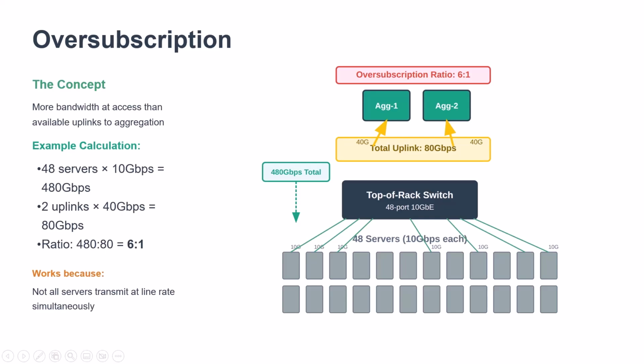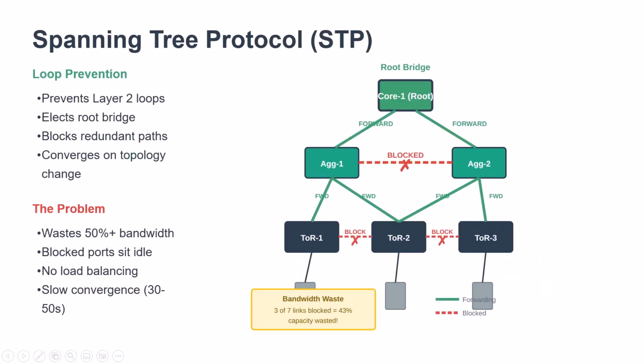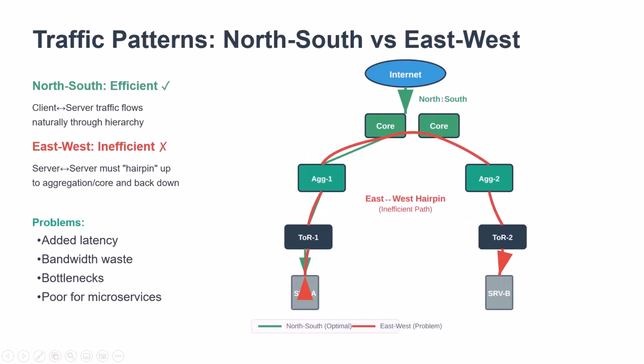This works because not all servers send traffic simultaneously. Spanning tree protocol is used to prevent layer 2 loops, but blocks redundant paths, limiting available bandwidth. North-south traffic optimization, designed for traffic flowing in and out of the data center, not between servers. Predictable forwarding paths, traffic follows known paths up and down the hierarchy.